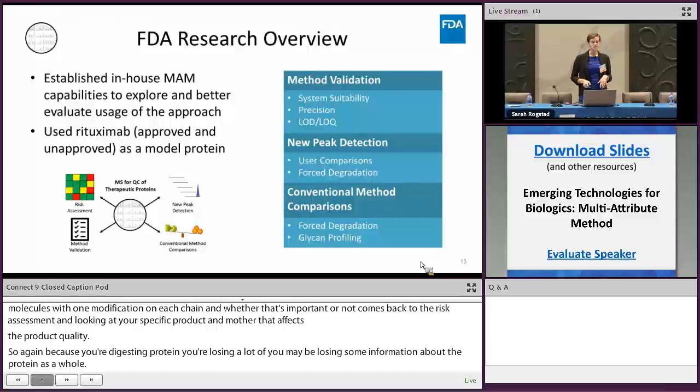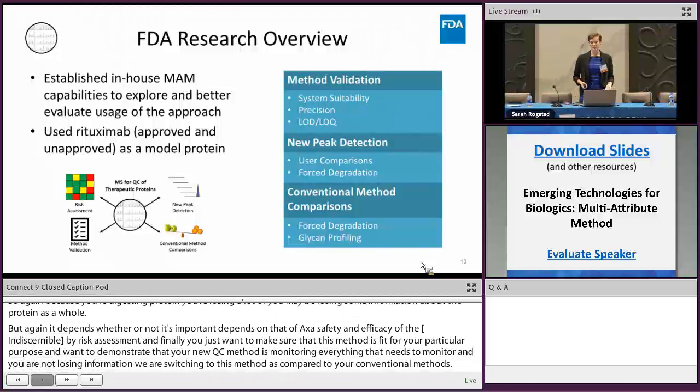Okay, now switching gears into our research at FDA. Based on some of the information we got from ETT, we established an in-house MAM platform in order to better understand MAM ourselves in our own hands. For our research, we've been using rituximab as a model protein, mostly because it's pretty easy for us to get a hold of.